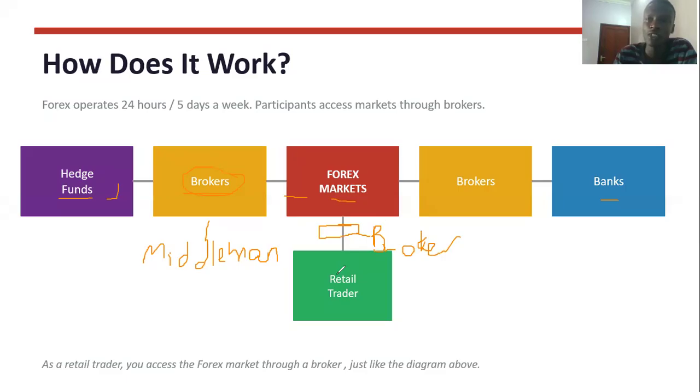Once you execute your trade via the various platforms, which could be MT5 or MetaTrader 5, MT4, cTrader, there are various execution platforms, the broker just connects you to the market. You execute either a buy or a sell, and that's mainly how the Forex market works.